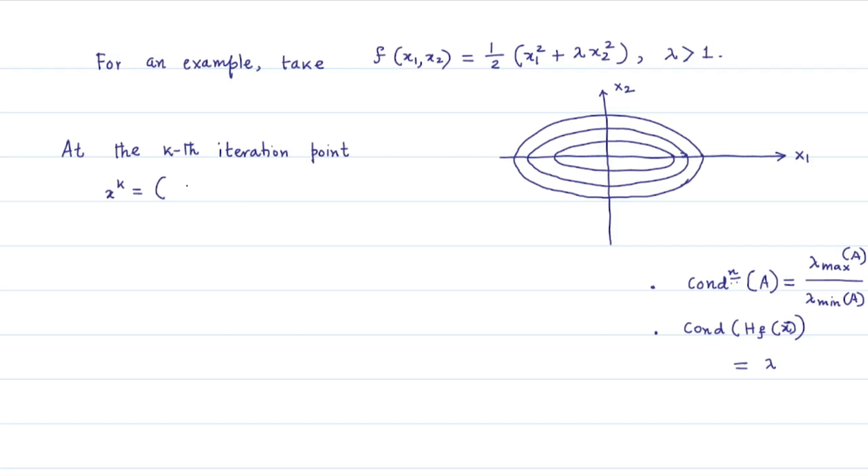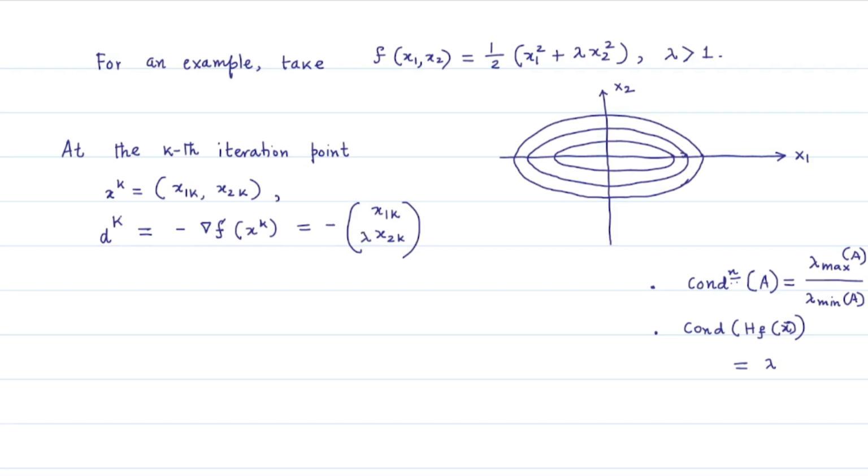At the kth iteration point xk that has coordinates x1k, x2k, the steepest descent direction dk is given by the negative gradient at xk, which is equal to negative of x1k and lambda x2k.